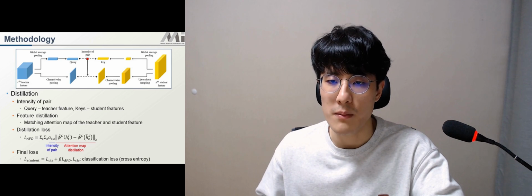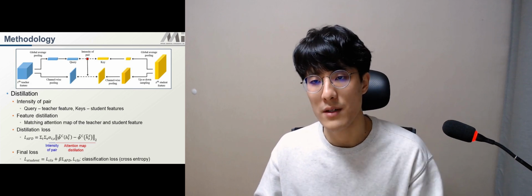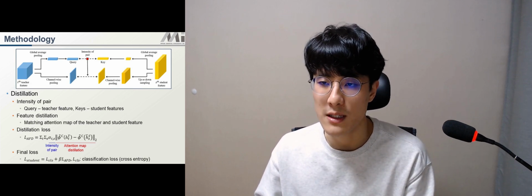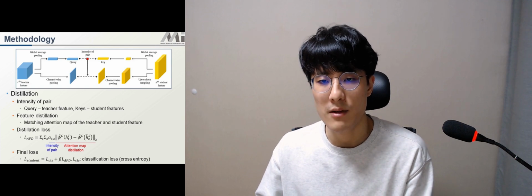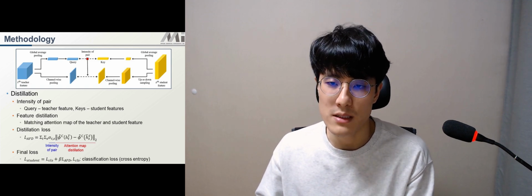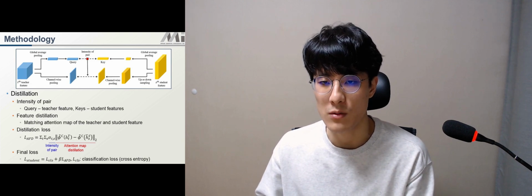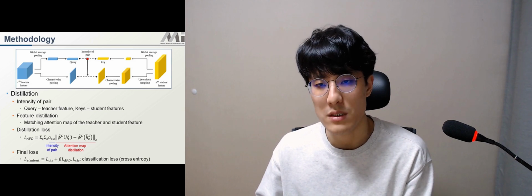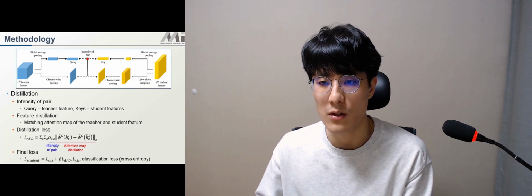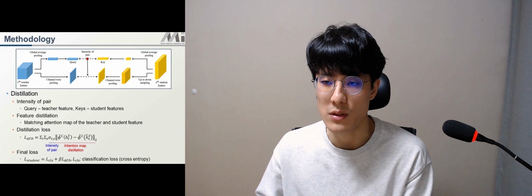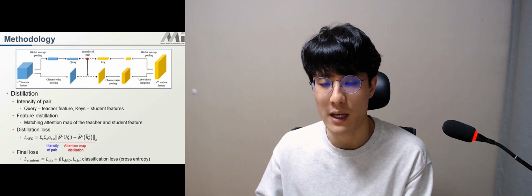Since the trained alpha is calculated from the teacher query and the student keys, it has the characteristic that one teacher feature determines how much distillation will be made across all student features. The training loss is obtained by adding the AFD loss to the classification loss, and logit-level distillation is also used for actual learning.